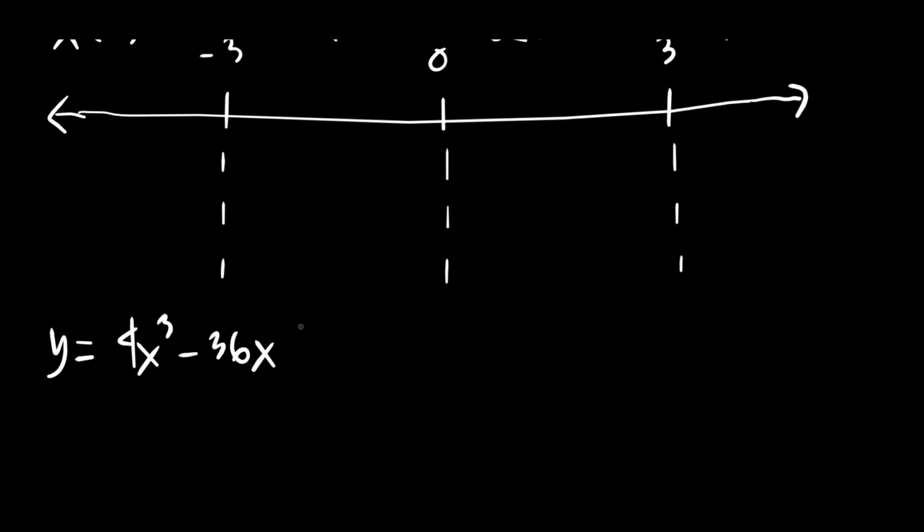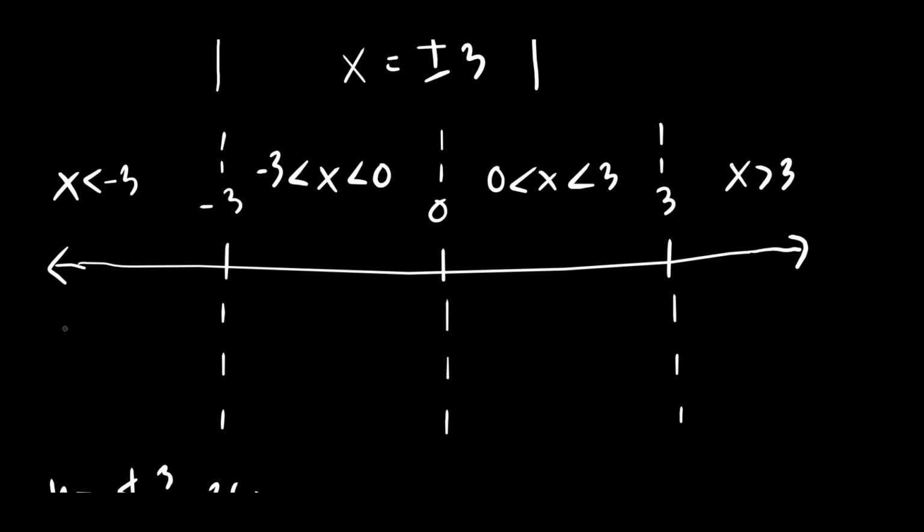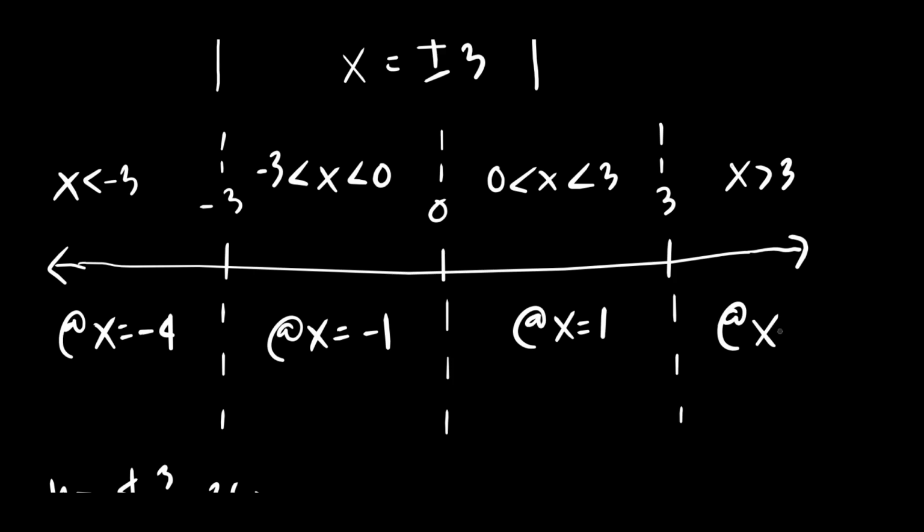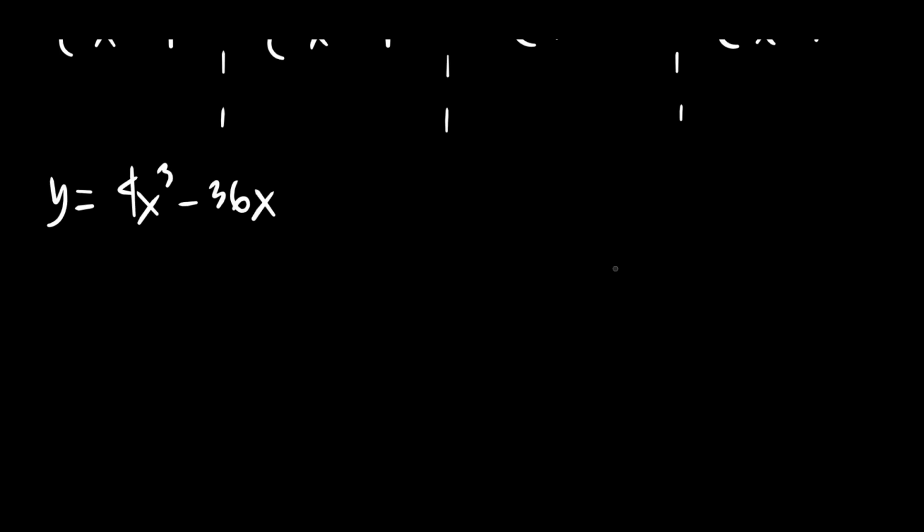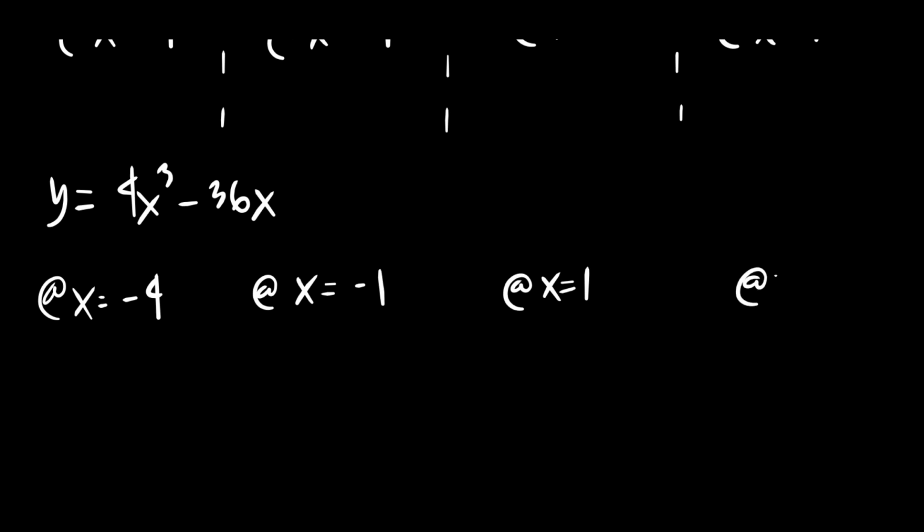So we'll pick a point in each interval: at x equals negative 4, at x equals negative 1, at x equals 1, and at x equals 4, right?